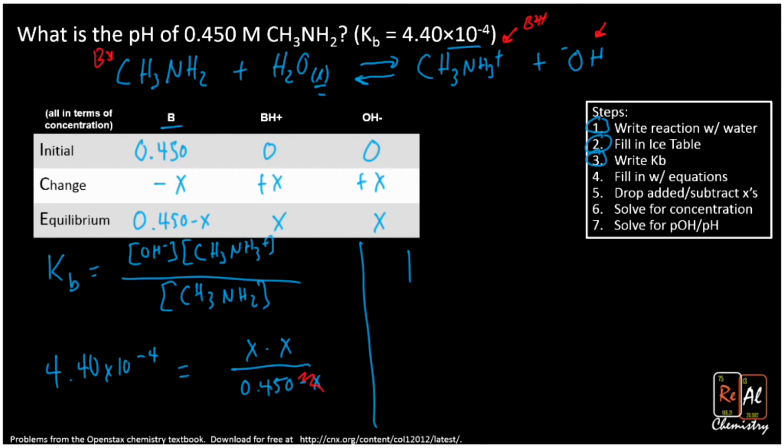So what that gives us then is 4.40 times 10 to the minus 4 equals X squared over 0.450. Okay, now let's make that 0.450 a little neater. Now we can use some algebra and get rid of that 0.450 by multiplying it on both sides.